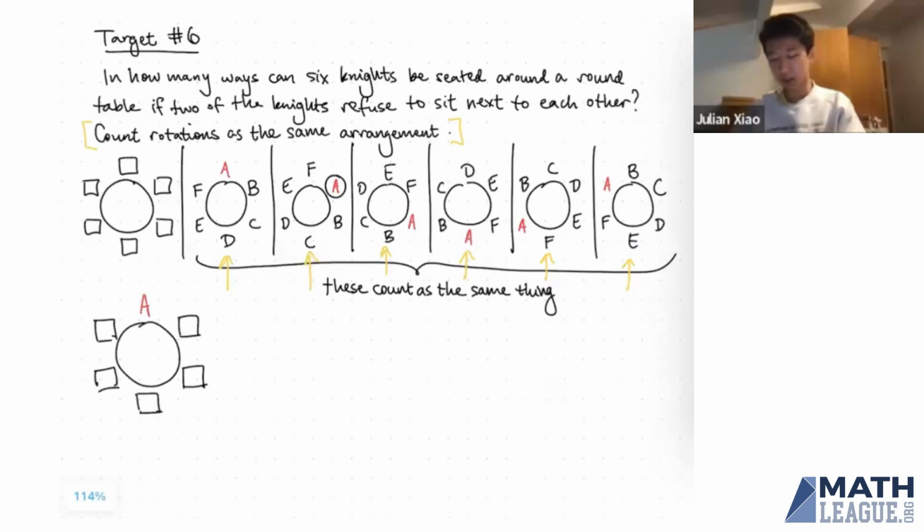And let's suppose that this knight, person B, refuses to sit next to A. So now B has to choose one of these 3 seats to sit in, so that B is not sitting next to A. So B, I'm going to write this on the side here. B has 3 choices on where to sit.